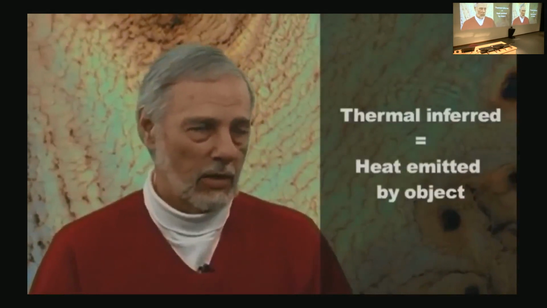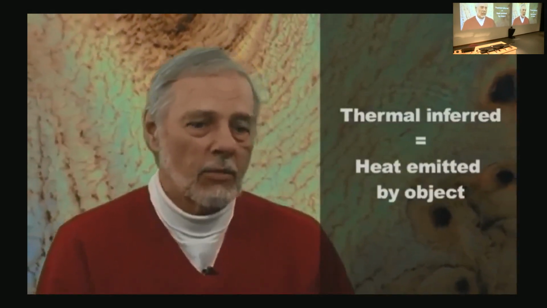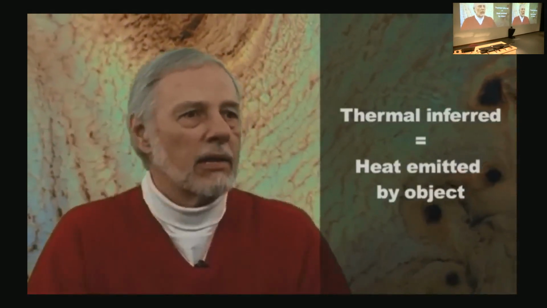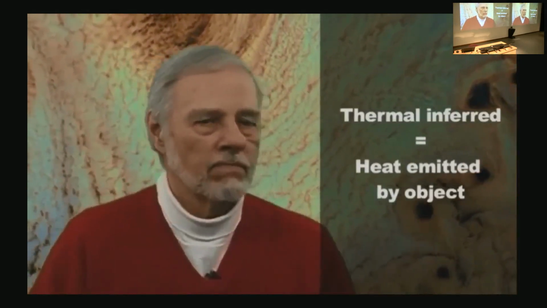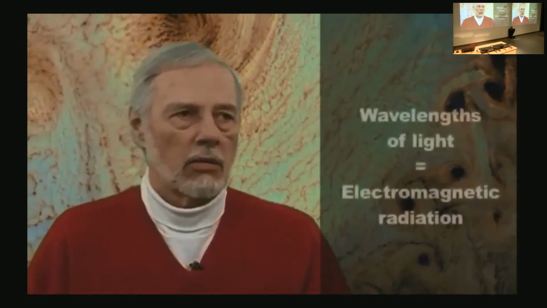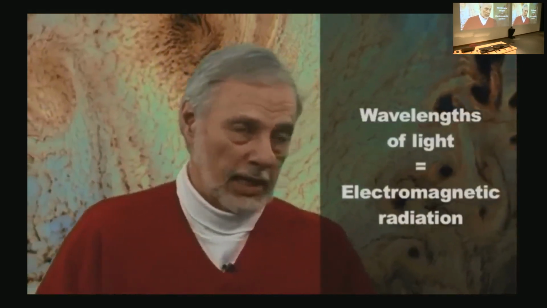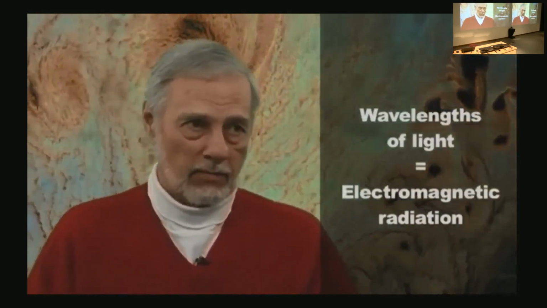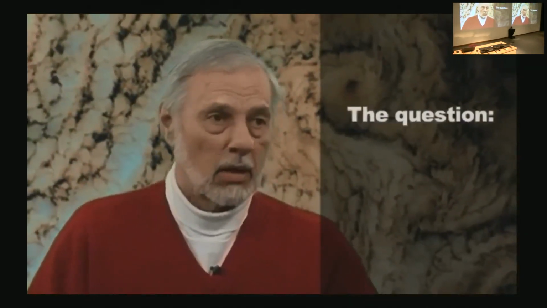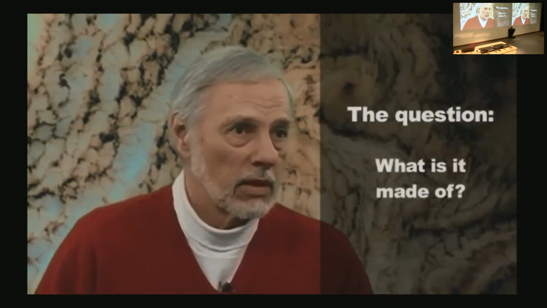If you look at all of that, you start seeing an enrichment of information about what you're looking at. Now, if you add to that the thermal infrared, which isn't reflected sunlight but is heat emitted by the object you're looking at, then you really do have a wide variety of wavelengths of electromagnetic radiation to look at. And then you can start answering the question, what is it made of?